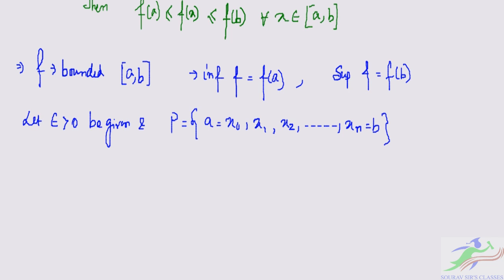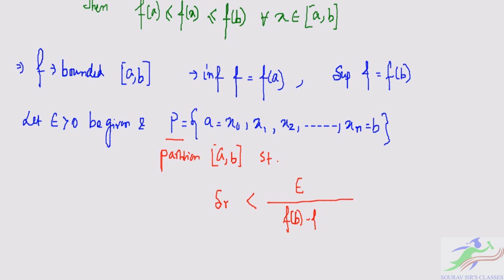This P is a partition of the interval a, b such that delta r is less than eta by (f(b) minus f(a) plus 1), for r equal to 1, 2, up to n.